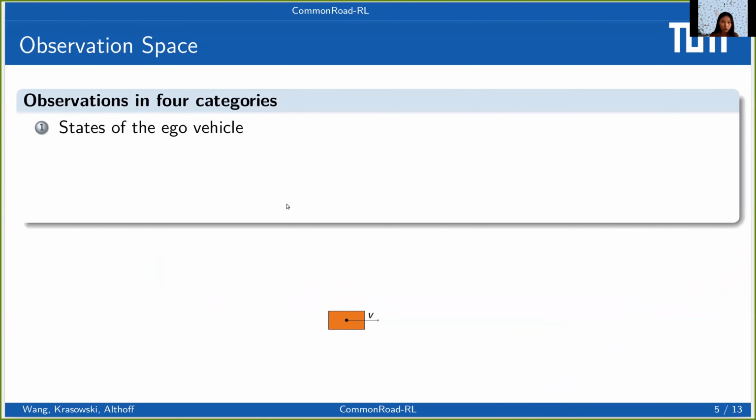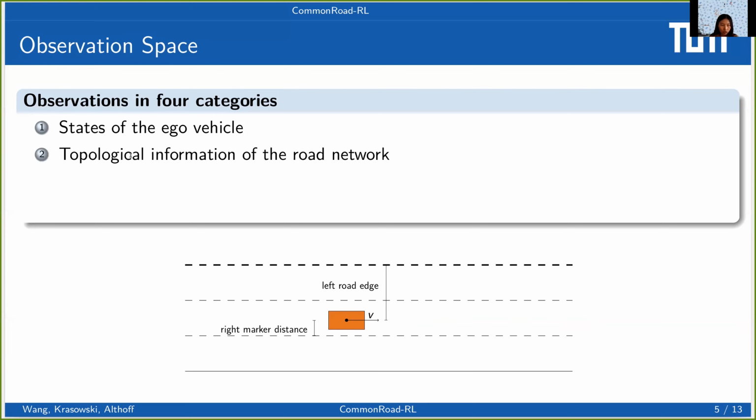So now we know a bit more about CommonRoad. Let's have a look at its interface to reinforcement learning environments. The first important element is the observation space or state space. We define it in 4 categories: the states of the ego vehicle, and the topological information of the road network relative to the ego vehicle.